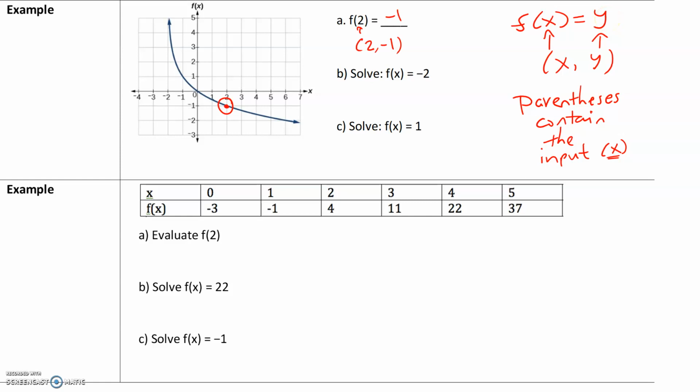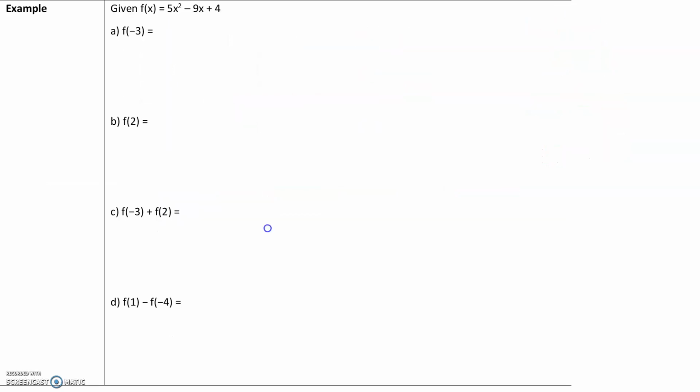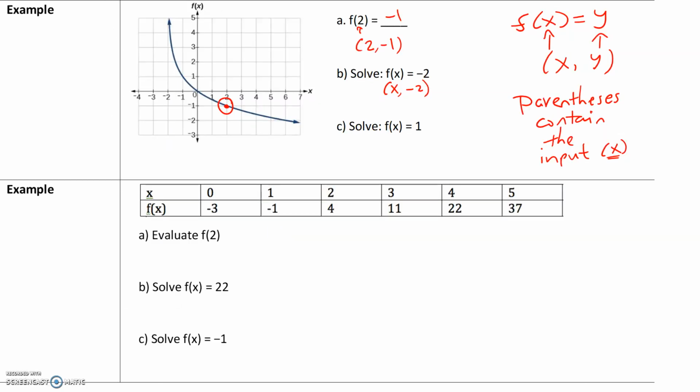Solve f of x equals -2. So this time, here's what we have. We don't know what our input is, but we know our output is -2. So in other words, our y value is -2. So let's find a y value of -2, which is right there. That's a y value of -2. And let's go to our graph and see what the corresponding x value is. When the y value is -2, this is the point on the graph, which is the point (6, -2).